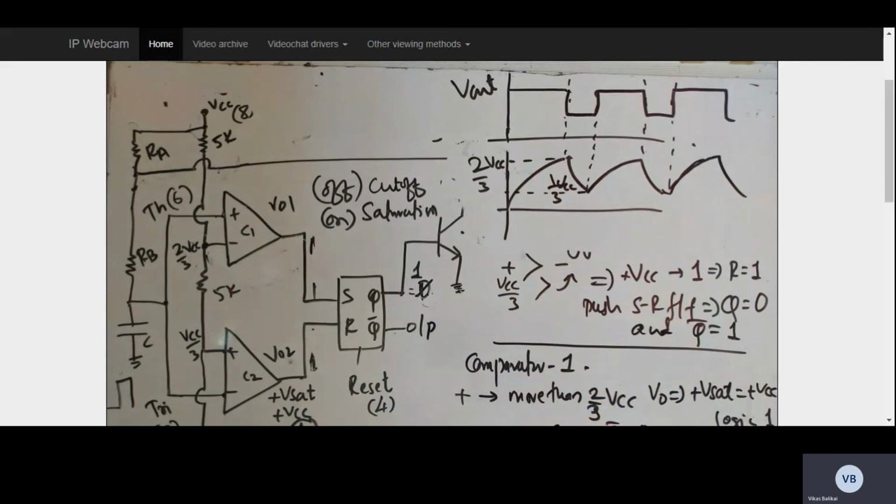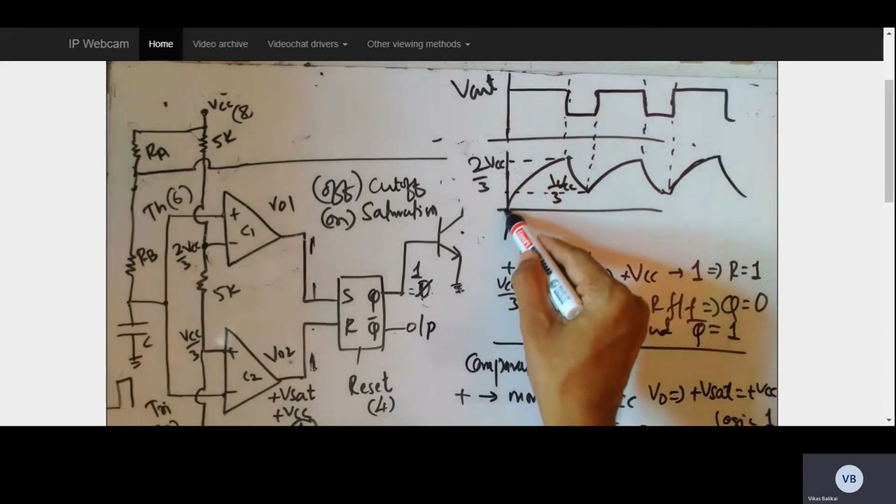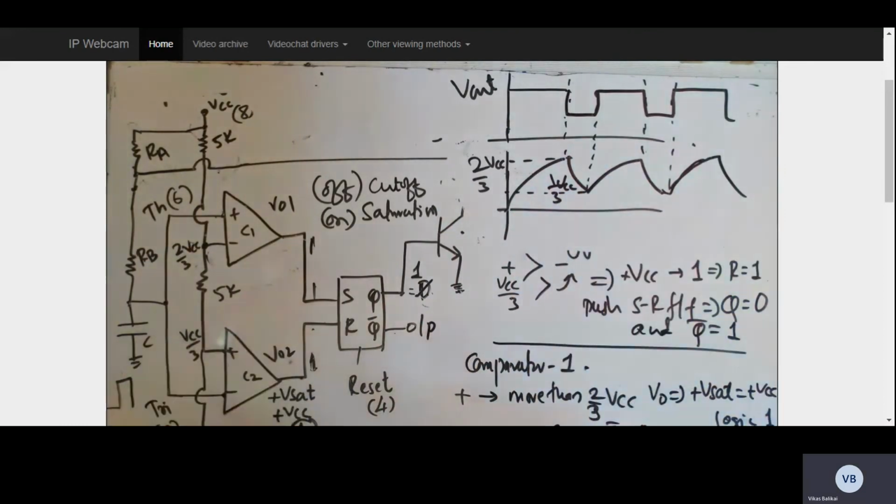So my output will now behave as a pure square waveform, and I can also change the on time duration and off time duration of this square wave by varying the charging time and discharging time of the capacitor. So this is basically how the entire operation is going to work out.